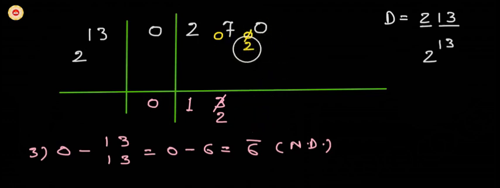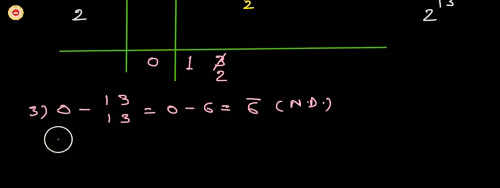Now 20 is gross dividend. Let us repeat this step with new gross dividend. 20 minus 13 and 12. See, be aware, don't write this 3 because we have reduced this 3 by 1.